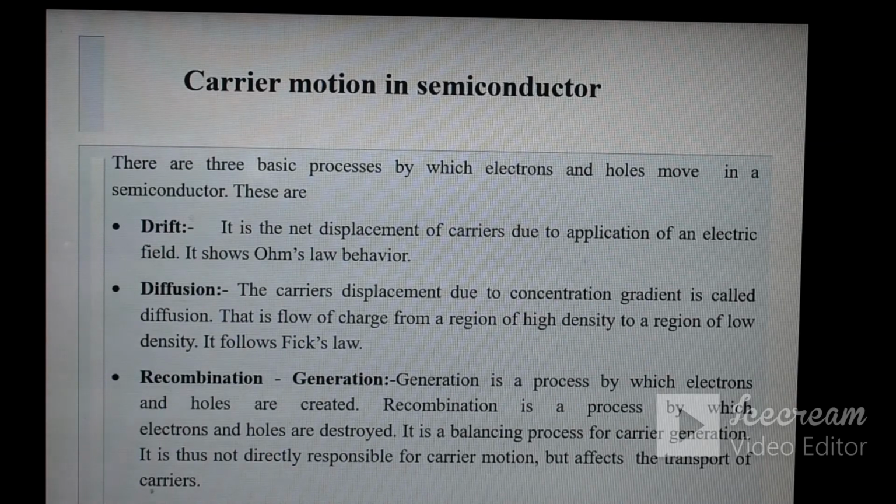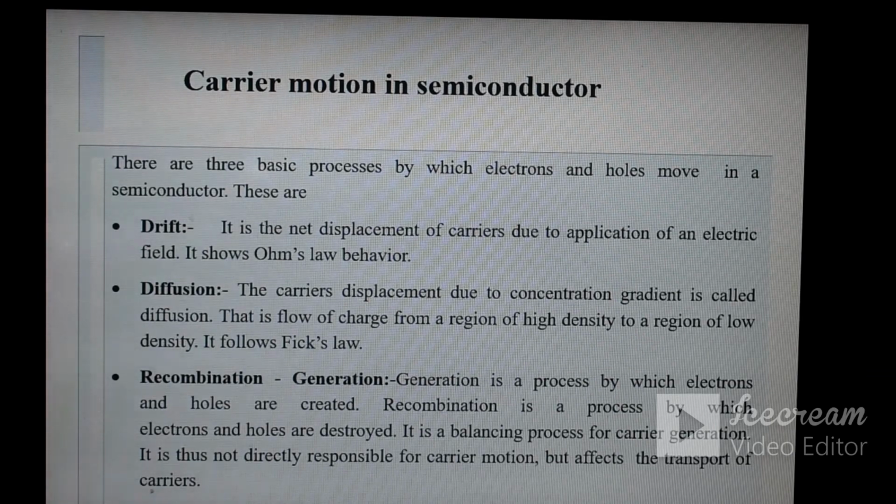That is the flow of charge from a region of high density to a region of low density. It follows Fick's law, mostly applicable in case of a p-n junction, so the formation of the depletion layer.